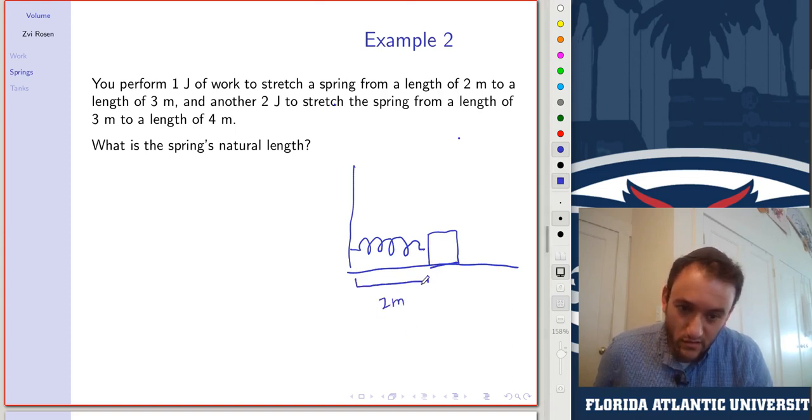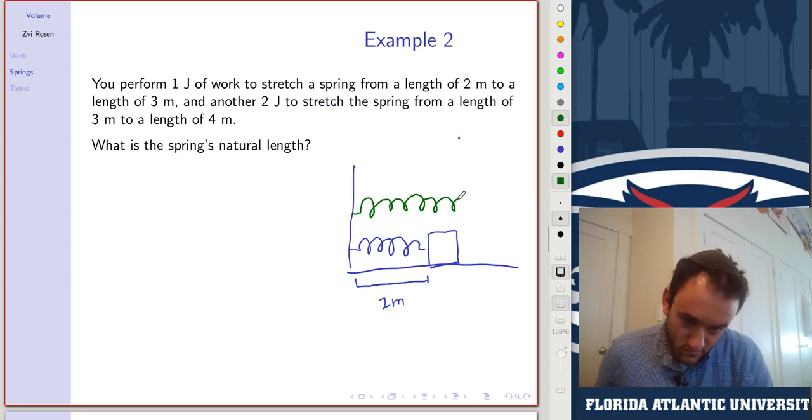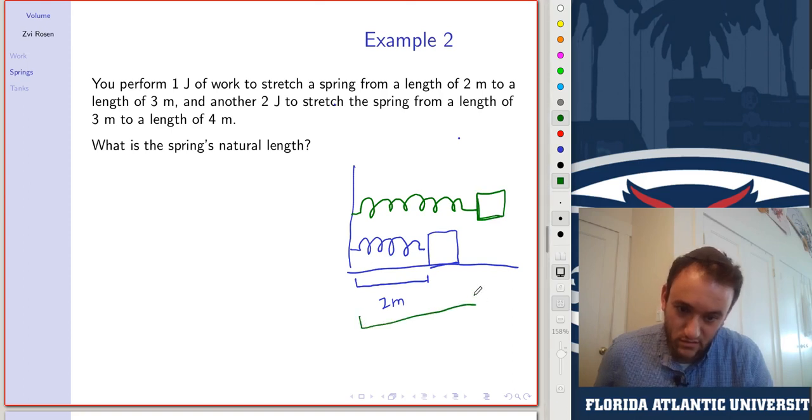We're saying at this point it's at 2 meters. And now we'll draw after the first stretch. This is 3 meters.